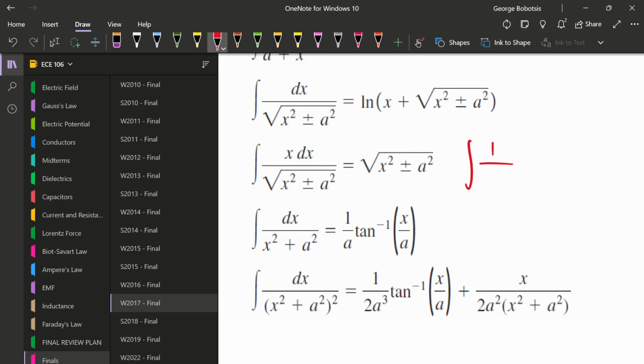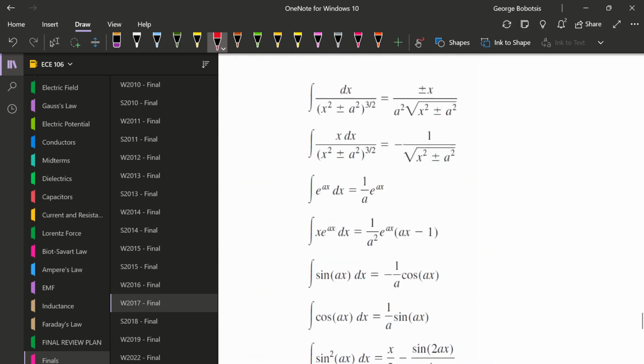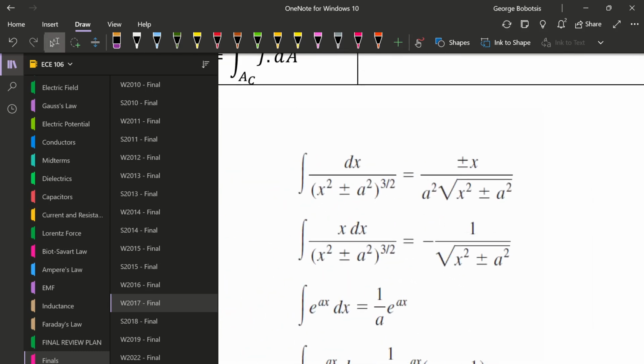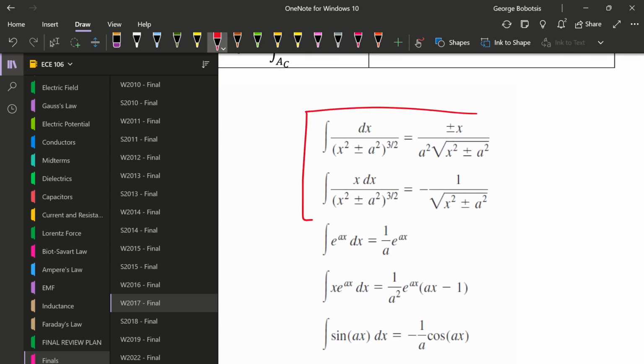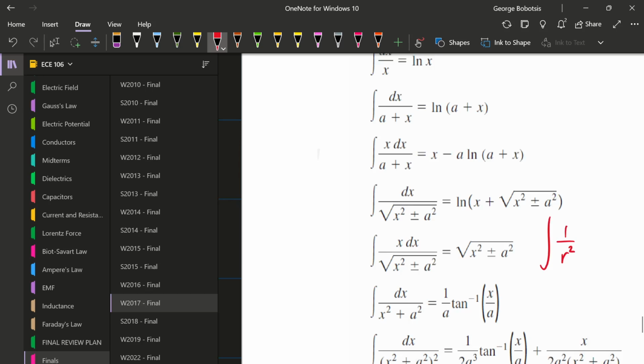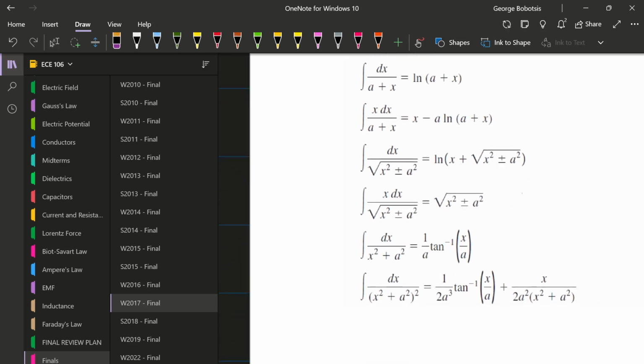Then you have integrals that involve 1 over r squared, which was ours, and that's where you get these kinds of integrals. So, if anything, I think these 4 are an absolute must, the ones that are talking about roots. Let me show you which ones. I would say with certainty these ones.